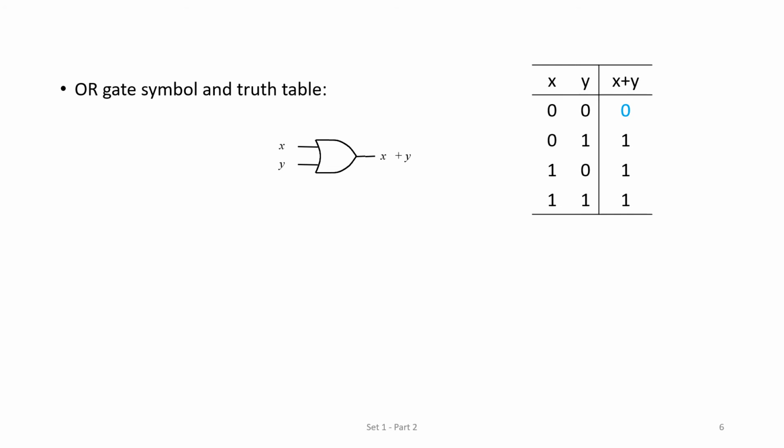For example, an OR gate produces 0 at the output only when its inputs are all 0. For all other combinations of input values, the output of OR is 1.